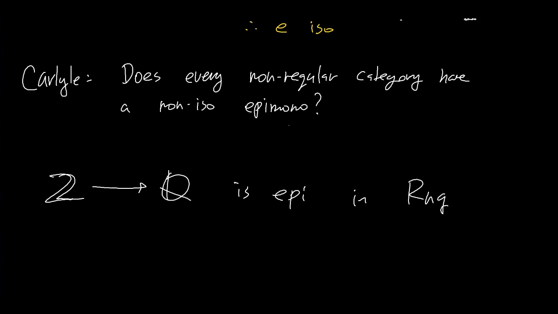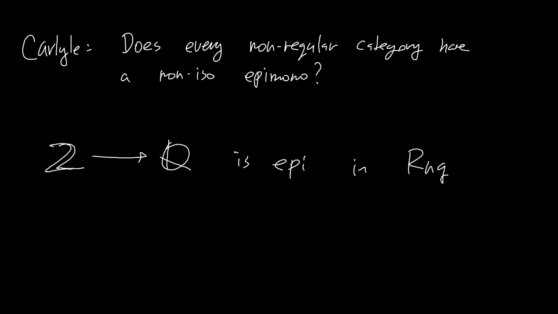No, you want an example of a non-regular category where every epimono is iso. Yeah, so here the answer is yes. Take the dual of the category of groups. It's non-regular.